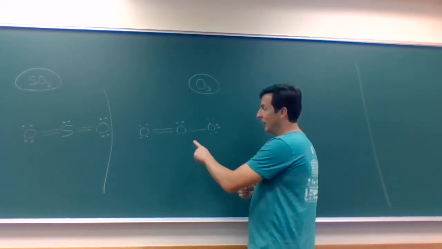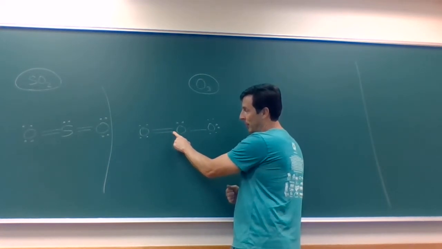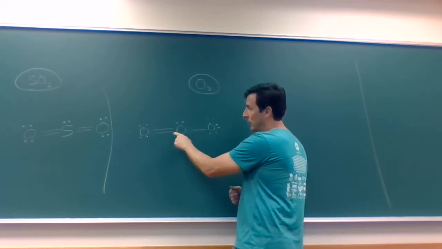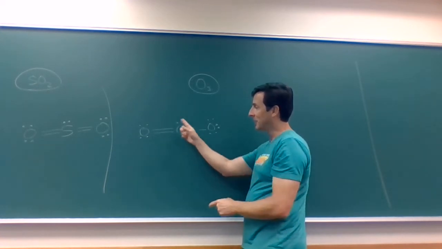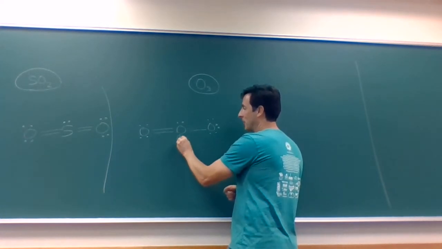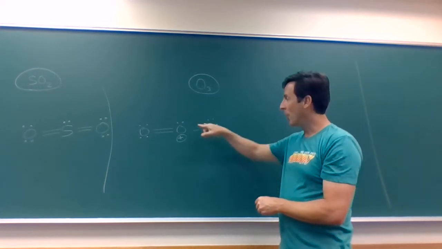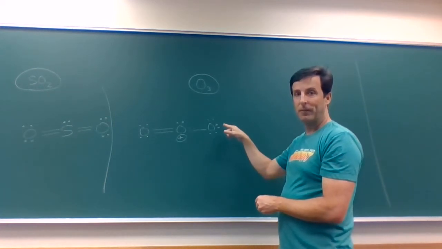Let's count. It has 1 electron that it put in this bond, 2 and 3 that it put over here in those bonds, 4, 5. So 1, 2, 3, 4, 5. This oxygen only owns 5 electrons, so it has a positive charge. It lost an electron when I moved that double bond out here.